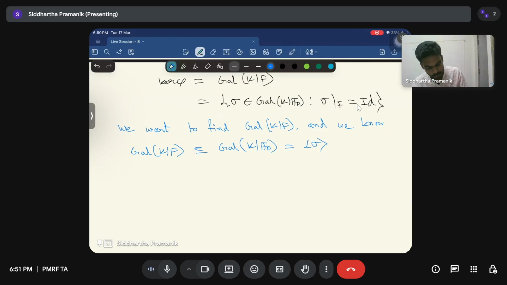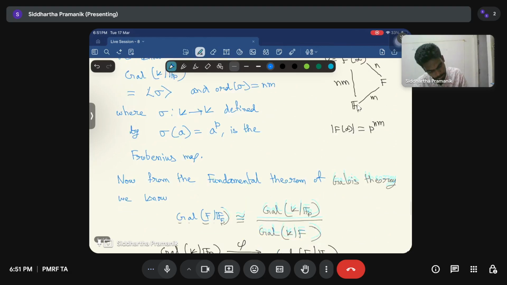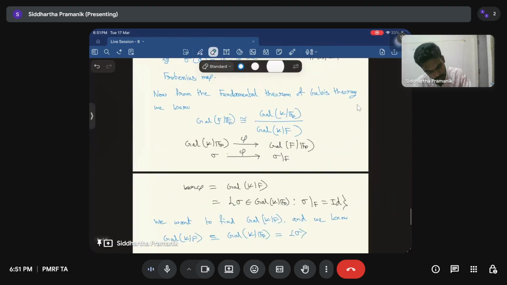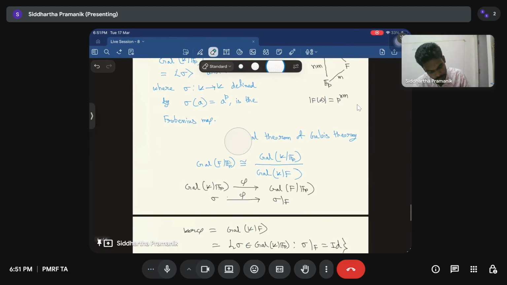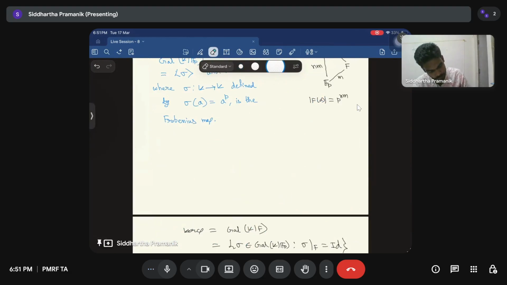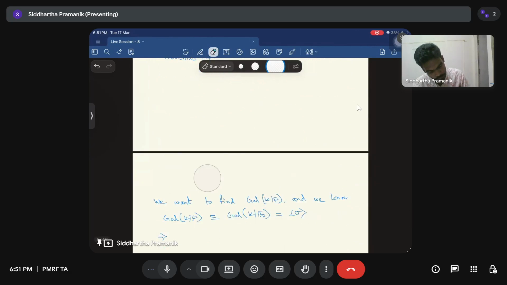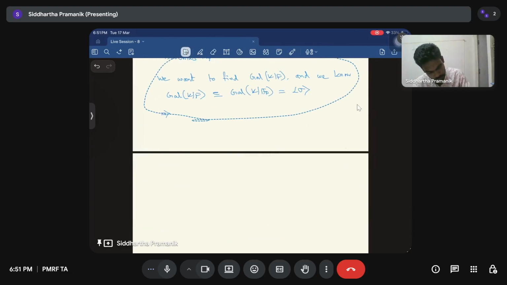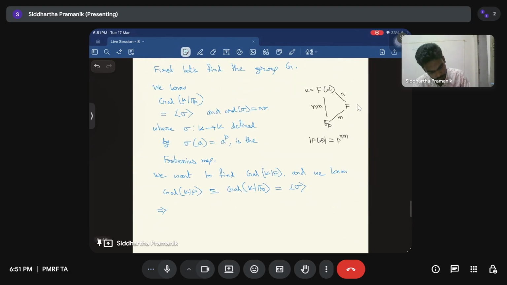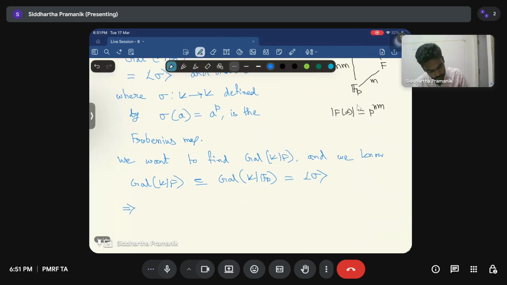So how to do this? Okay, we don't need this part, so let me erase. So this will imply the Galois group of K over F is generated by some power of sigma.